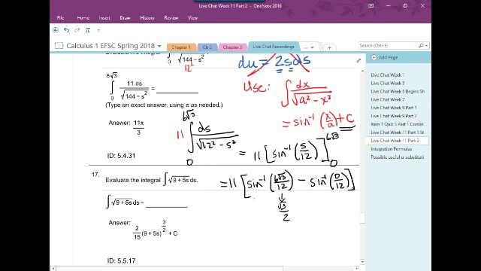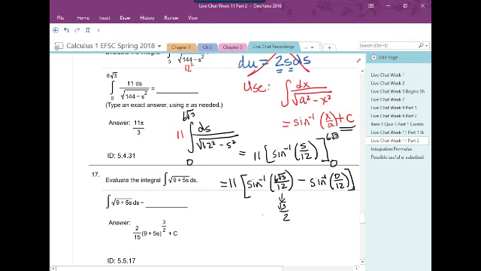You guys tell me that one. We're almost done today, but if you're still with me, tell me what angle has a sine of root 3 over 2. It's definitely a special angle, right?